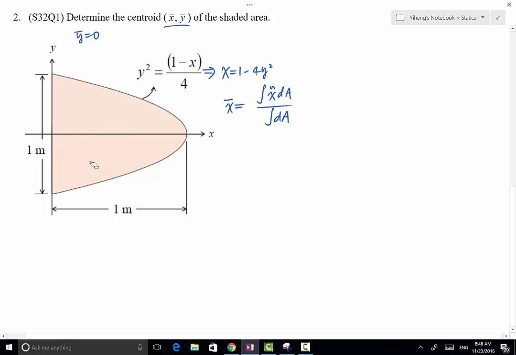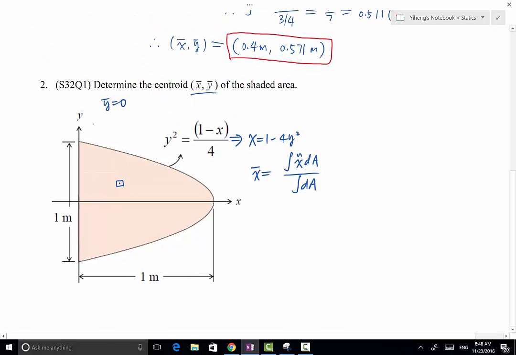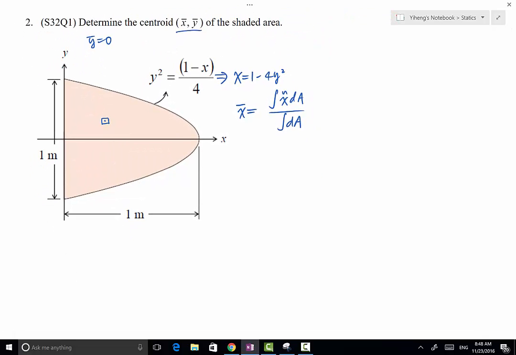So for example, if I choose my differential element to be this little square right here, then its centroid location is x, y. Therefore, x tilde simply equals x, y tilde simply equals y. And this width right here is dx. This height right here is dy.